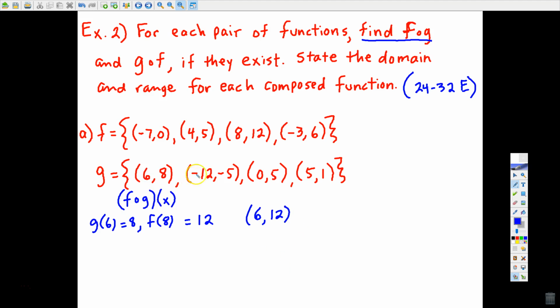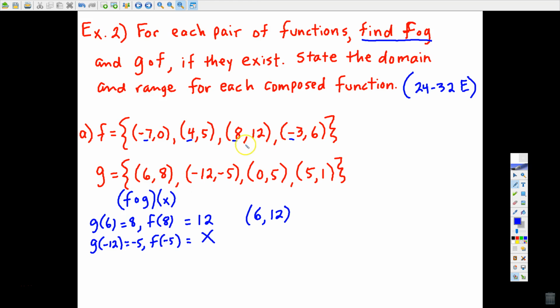Okay? So let's keep on going. Let's keep evaluating this g function. G of negative 12. That is negative 5. So now I'm going to go to the f function and use negative 5 as an input, but there are no inputs negative 5 in the f function. In other words, there are no x-coordinates of negative 5. So I'm just going to put an x because this is an example of where it does not exist.